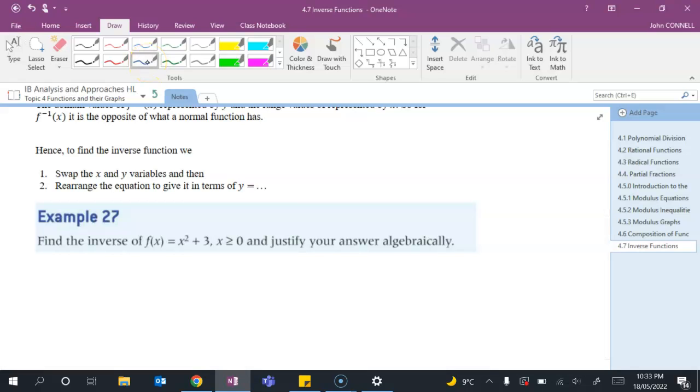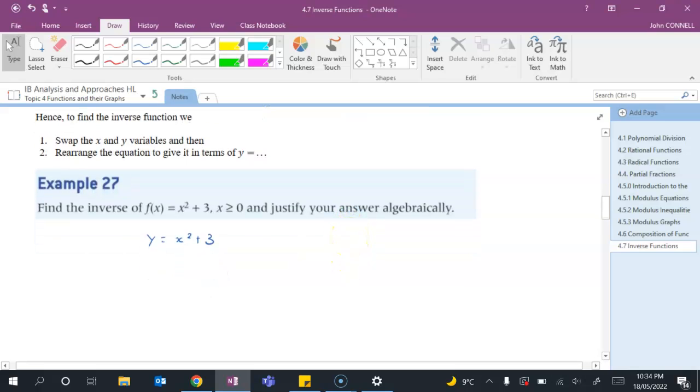I've got f of x is equal to x squared plus 3 for x greater than or equal to 0. So let's first of all write it in terms of y equals x squared plus 3. Now I swap the x and the y, so x is equal to y squared plus 3, and then I rearrange for y.